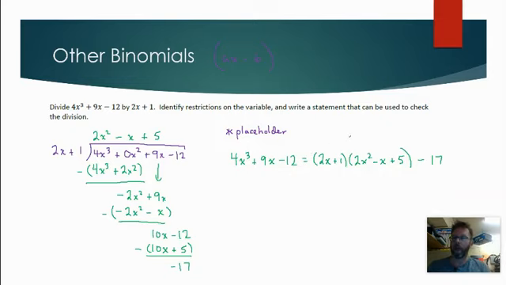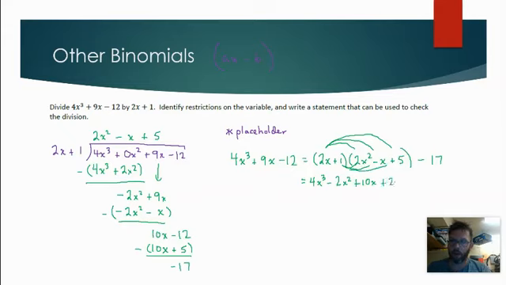To check, we have to use the distributive law. We're going to multiply 2x by everything in here. That's 6 multiplications. So we get 4x cubed minus 2x squared plus 10x. And then we'll multiply 1 by everything in here.